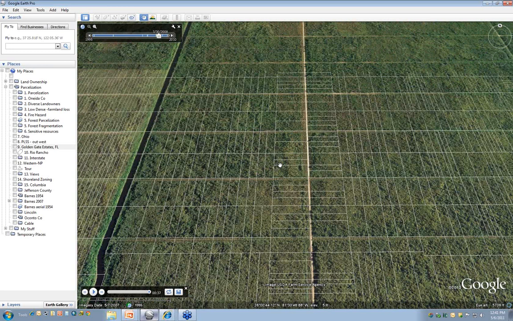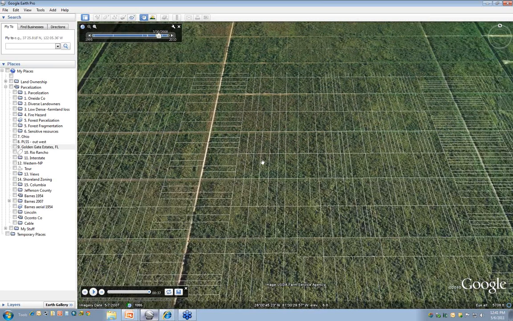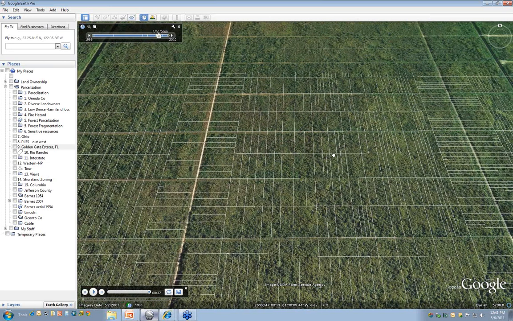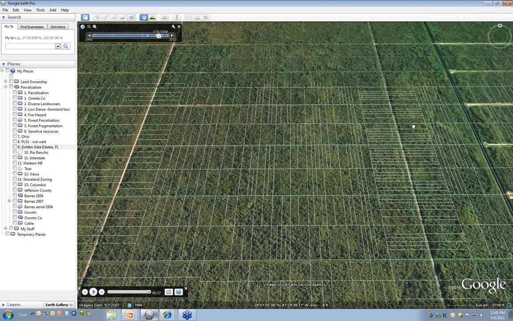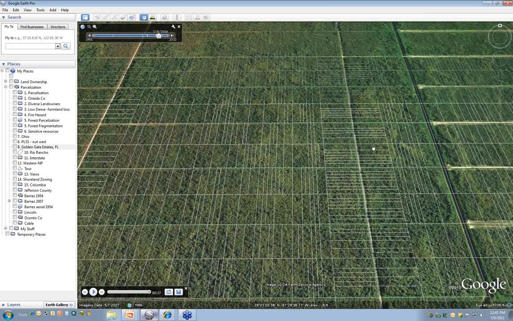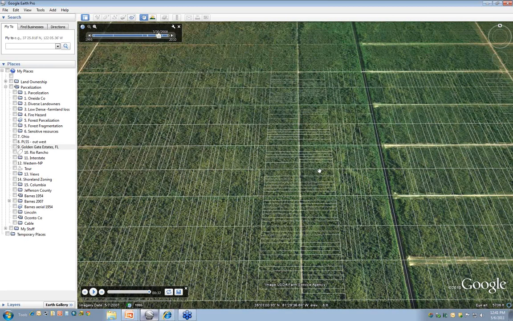This was all platted at once, and there are thousands and thousands of parcels. These parcels were sold mostly by mail or through newspapers, and you can see here the parcels. And it goes on for miles.